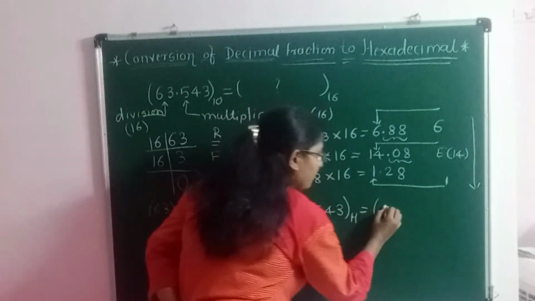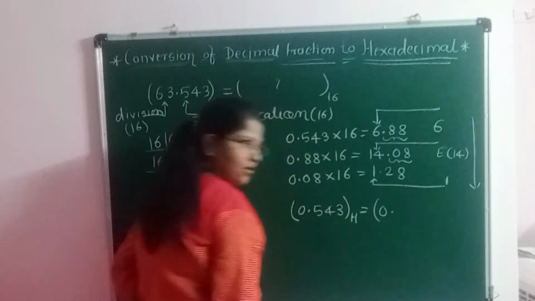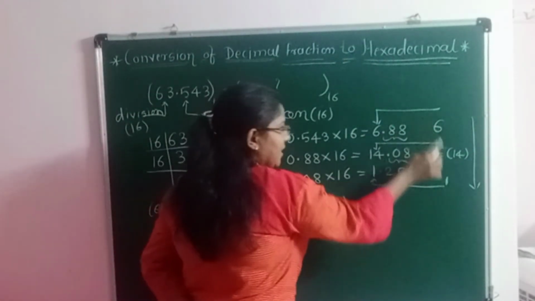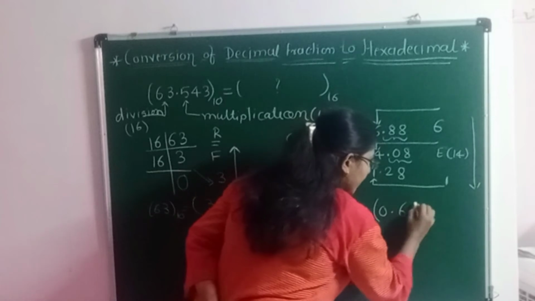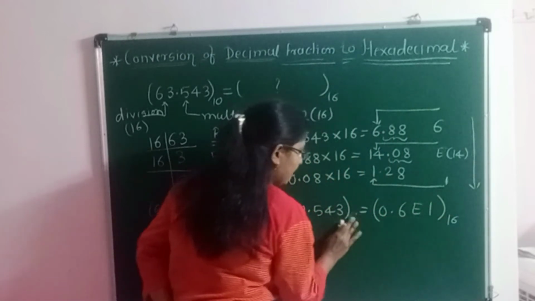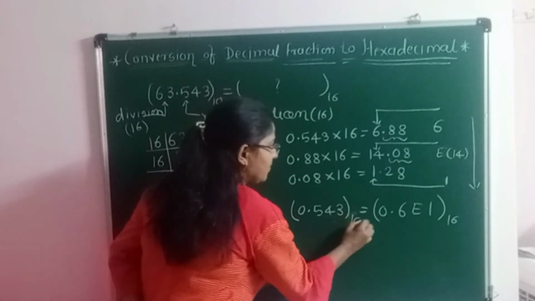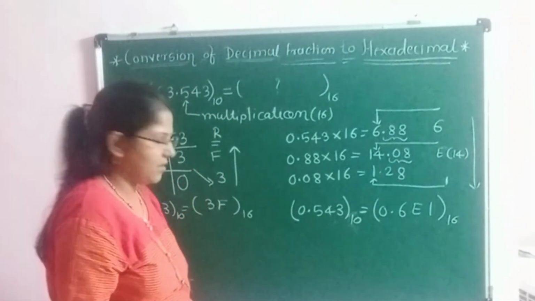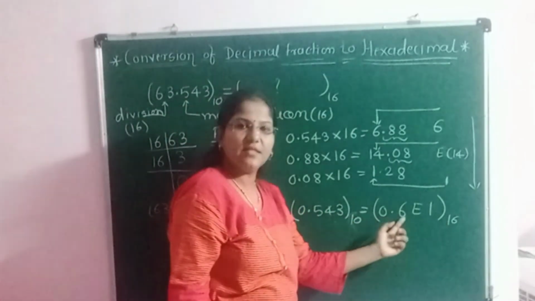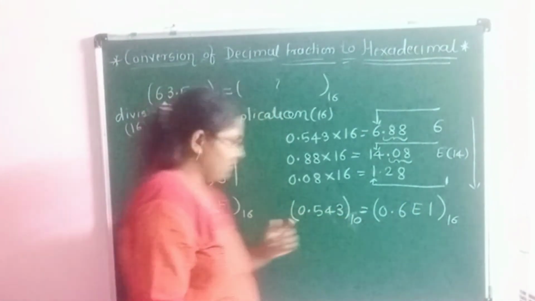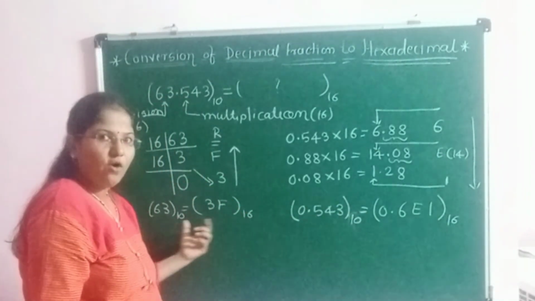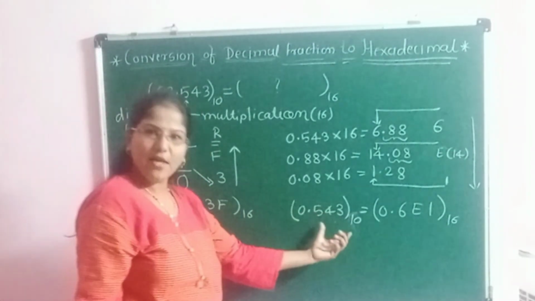For 0, the hexadecimal equivalent is 0, and for 0.543 it is 6E1. Sorry, here not h. This is a decimal number, so the base should be 10, and its equivalent hexadecimal is 0.6E1. So I have written the hexadecimal equivalents separately for the integer part and the fractional part.